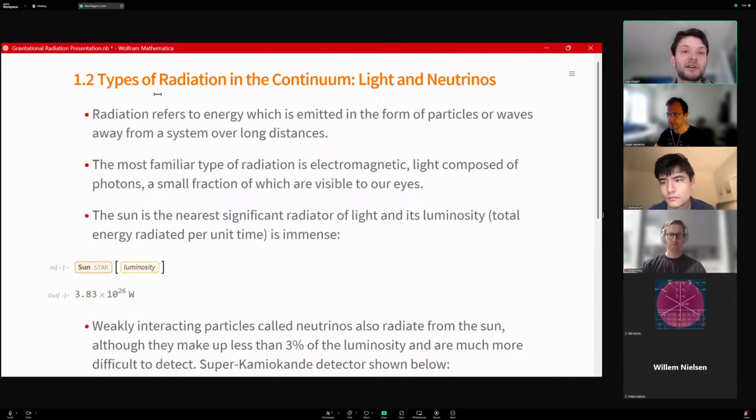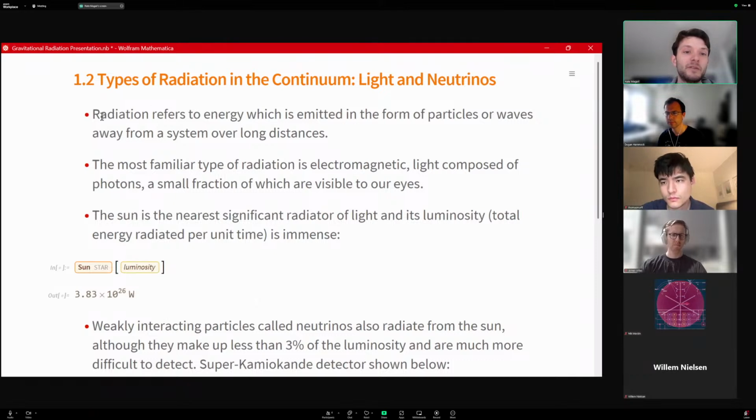So next I want to talk about types of radiation in the continuum, because we were talking a lot about light, and light is the most common form of radiation that we're familiar with. In addition to being important to the formulation of general relativity, our everyday observation of the world is primarily based on observations that we make in the form of light entering our eyes.